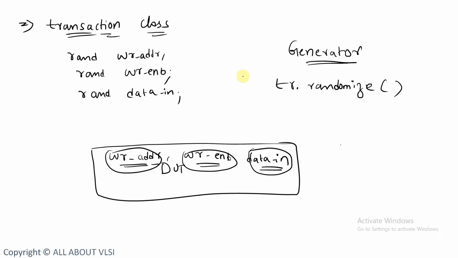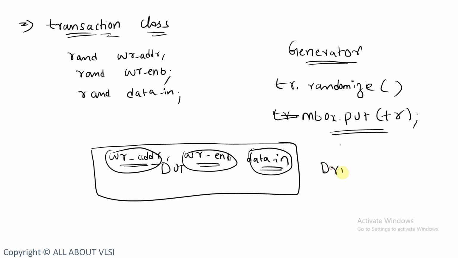Using this class handle, these things are getting randomized, and after that, using a mailbox, we send them: mbox.put(tr). Using our mailbox handle inside our generator, we are putting our randomized transaction data and sending it from the generator, and this will be received by the driver.